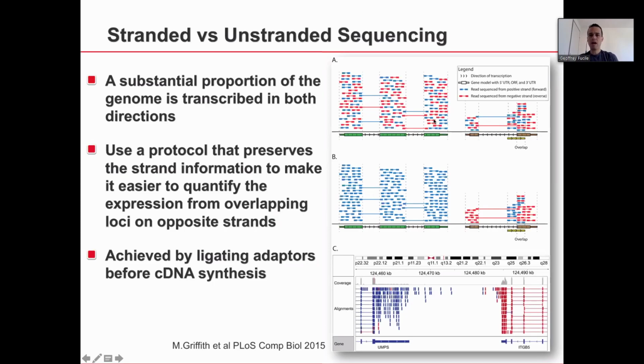Now, if we have a library where we don't keep track of which strand the RNA molecules came from, we can't really make sense of this problem here, for example. So in this brown gene, it's transcribed actually in the negative sense, so it's going from right to left, and this yellow gene is going left to right.